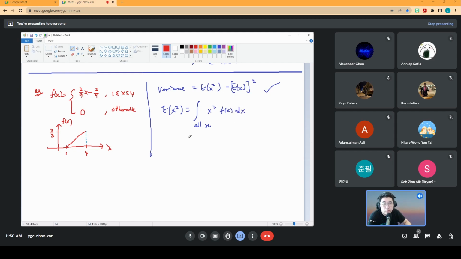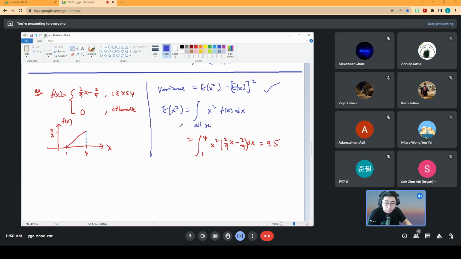So if you write it out, we have the integral from 1 to 4 of x squared times (2 over 9 x minus 2 over 9) dx. Press calculator, 2x cubed minus 2x squared over 9, from 1 to 4. I have 9.5.